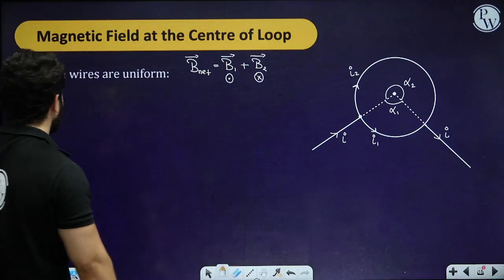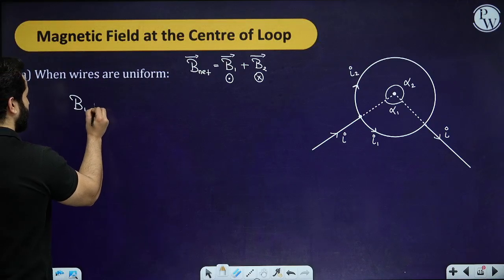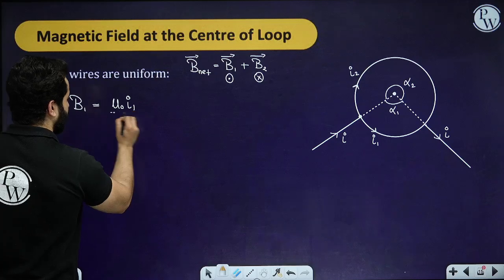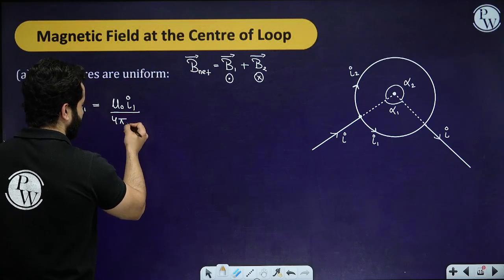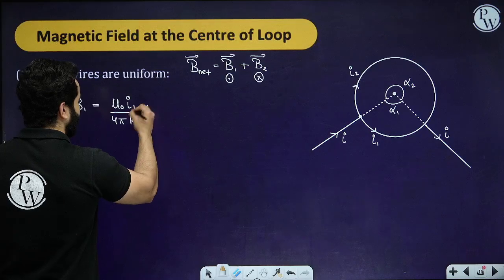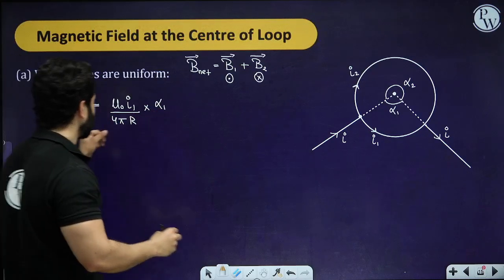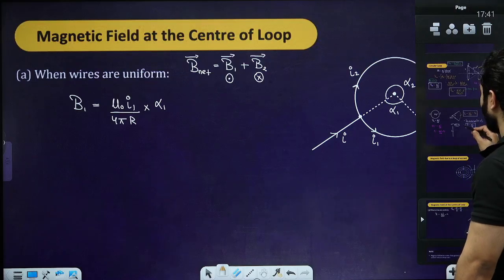If we talk about magnetic field due to wire 1, we'll simply write mu naught I1 divided by 4 pi into the radius. The radius is the same in both of them, r multiplied by alpha 1, right? Because that's the unitary method we have seen over here: mu naught I upon 4 pi r times theta.